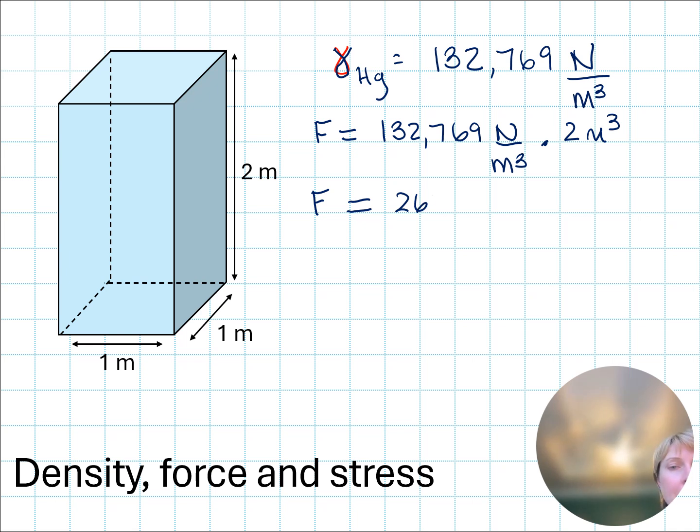Now it is 265,537 newtons. And again, this is acting straight downward like this, so that if I want to compute the stress on the bottom of this cube, again, this is going to be my force per unit area.